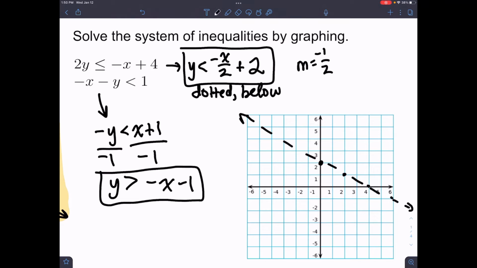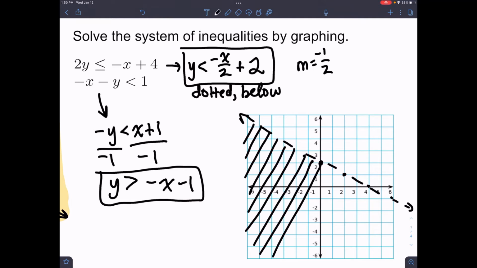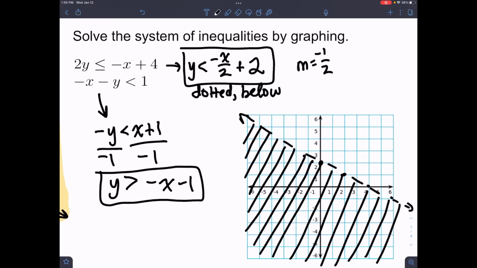And we're going to shade it below because it's less than. So rather than pulling out my colors, I want to shade it like this, with these nice even lines that are evenly spaced.